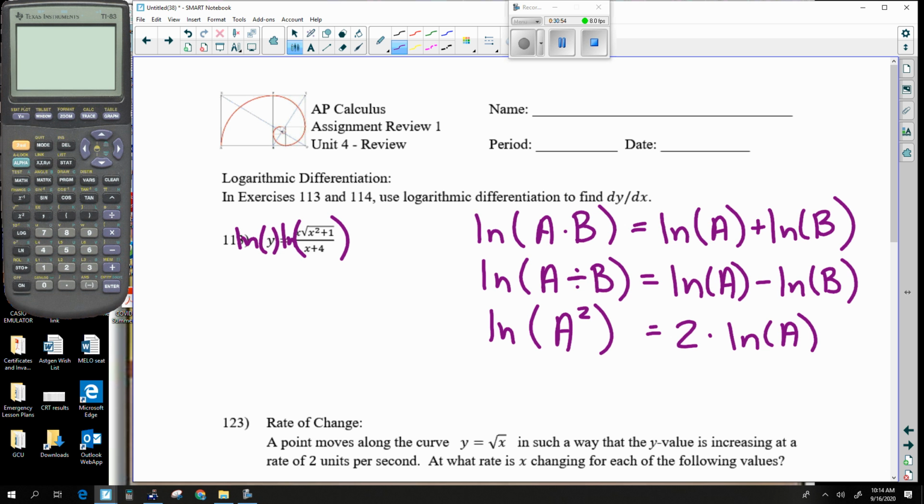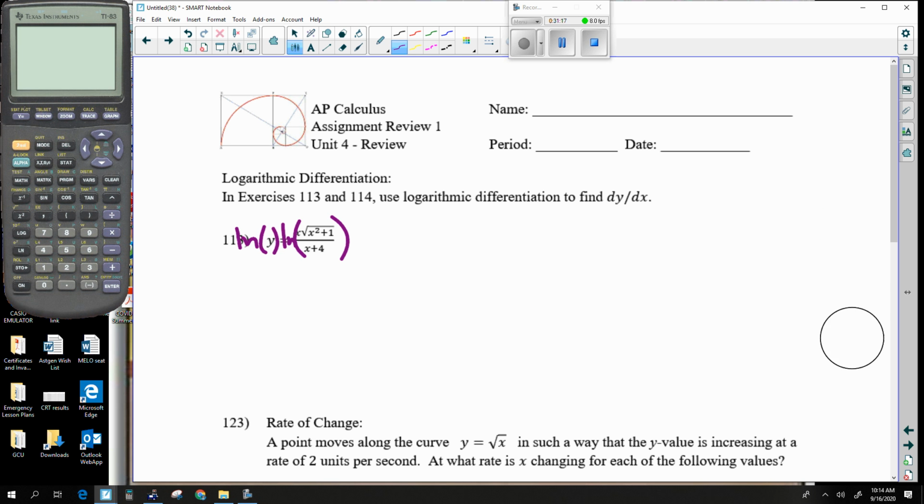And so that's the key to success when you're doing logarithmic differentiation, just to understand this idea. So again, I am taking the natural log of the original problem on both sides. There's not a whole lot to do on the left-hand side, but notice all the multiplications and exponents on the right-hand side. Okay, and that's going to be the key.